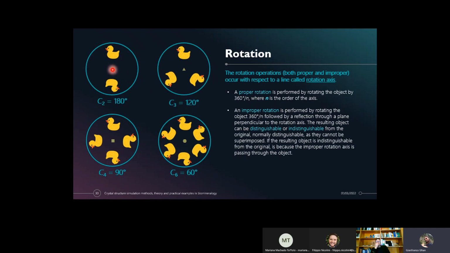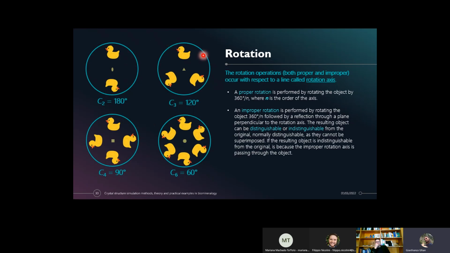We have our rotation axis, here where I placed the pointer, and we rotate this duck by 180 degrees, and you can see that if we rotate by 180 degrees, we obtain the same object. The object is this one, remember, the circle. What's inside the circle is our object. So this rotation axis here is 2, because 360 divided by 2 gives us the angle of rotation.